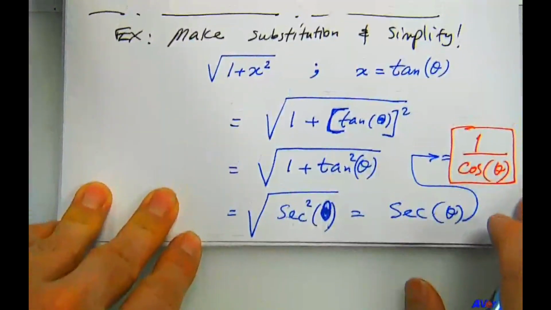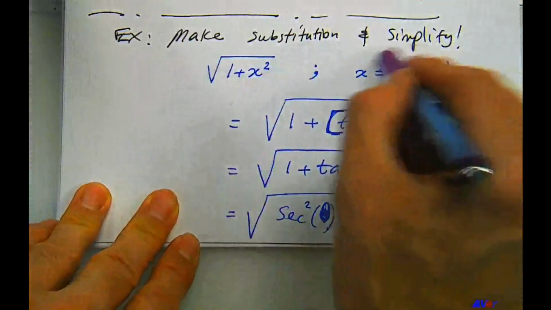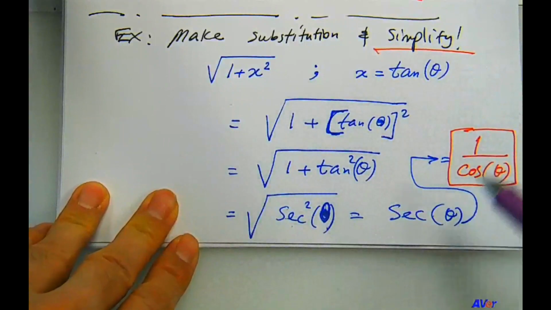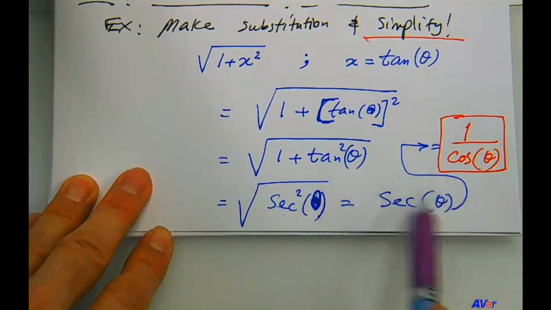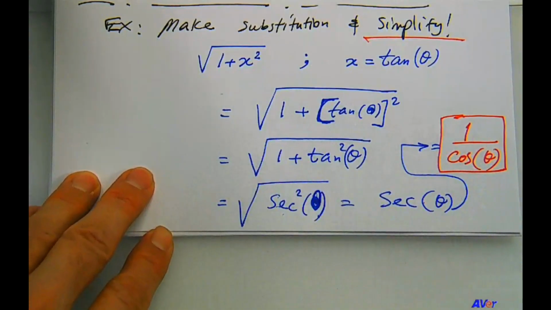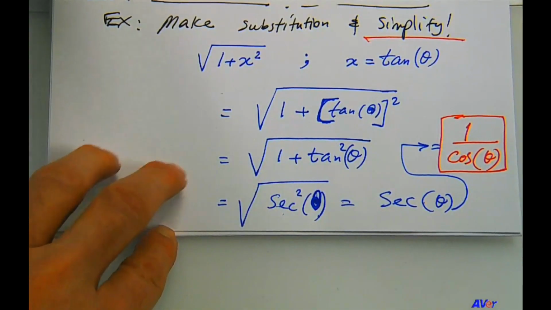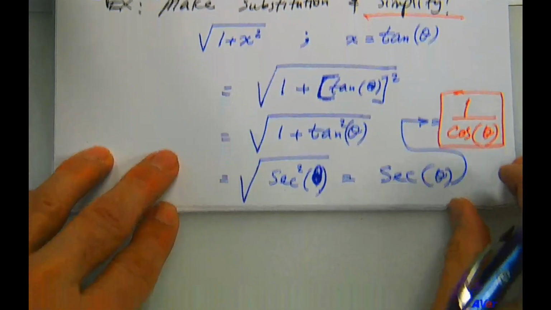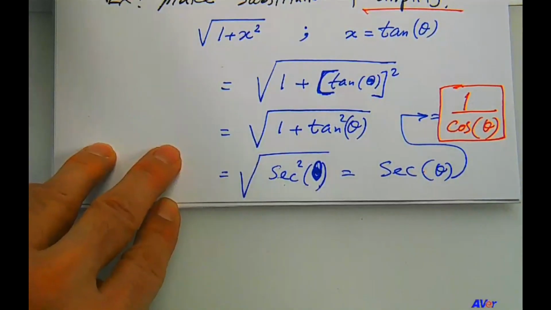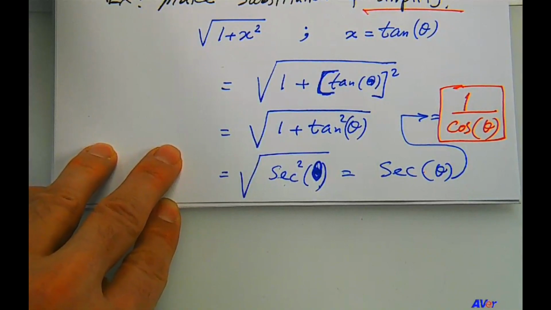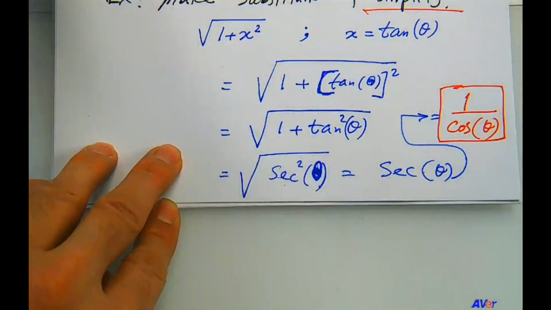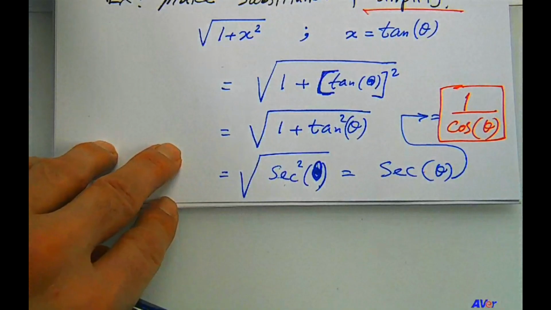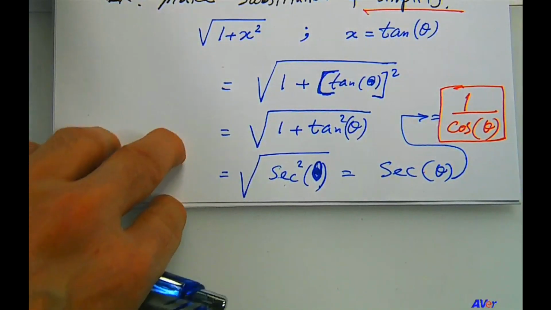So when they say make substitution and simplify, I guess this would be the most simplified form of this whole expression. Okay? So you don't want to leave it like this, is what I'm saying. Take it all the way to the basic sine or cosine, whichever one applies. If we had cosecant of theta, we would write this as 1 over sine theta. In this case, secant theta is equal to 1 over cosine theta.